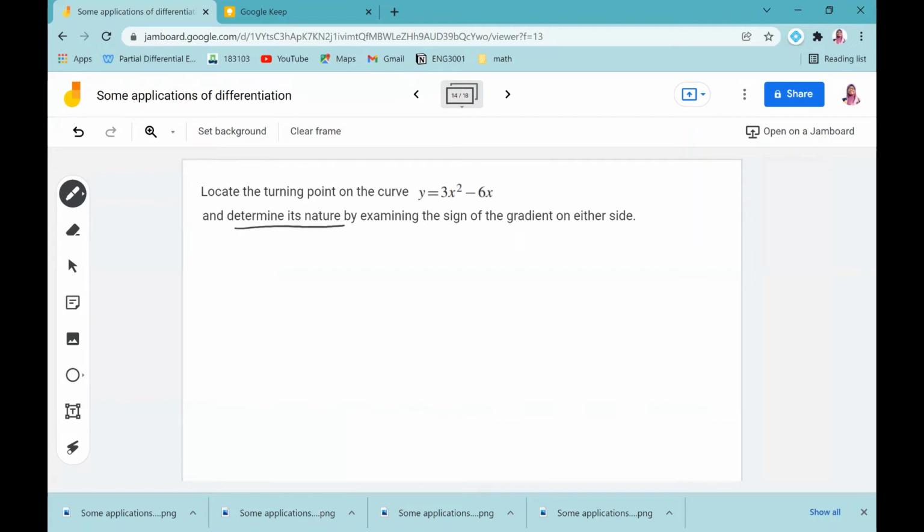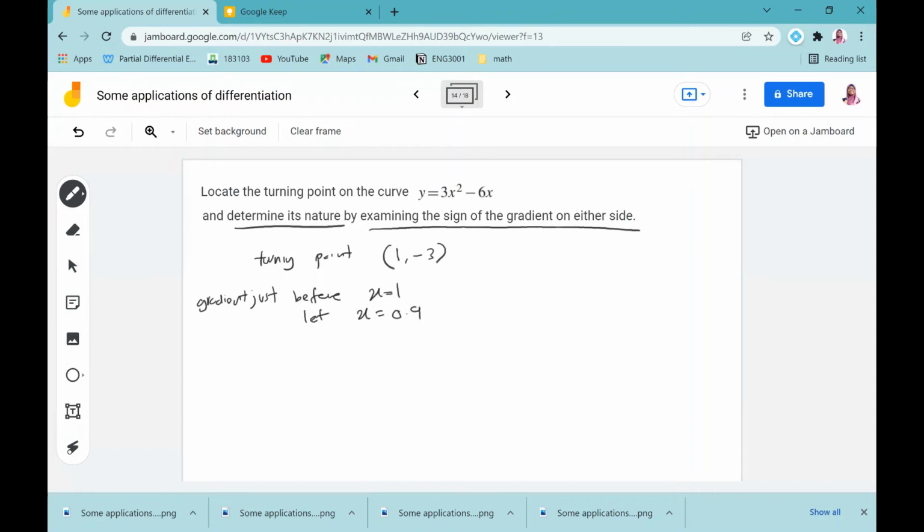Now we want to determine its nature by examining the sign of the gradient. The turning point is (1, negative 3), right? Just before the turning point, just before x equals 1, we let x equal to 0.9.